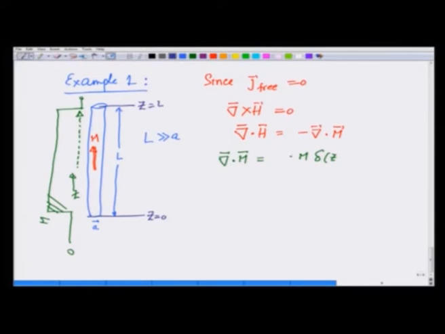So, this is minus M delta Z minus L plus, M increases at Z equal to 0, so there is going to be a term M delta Z. If you want to be more convinced about it, I can use Gauss's law to show that this is so. For that, let me take this upper surface and make a small box here.